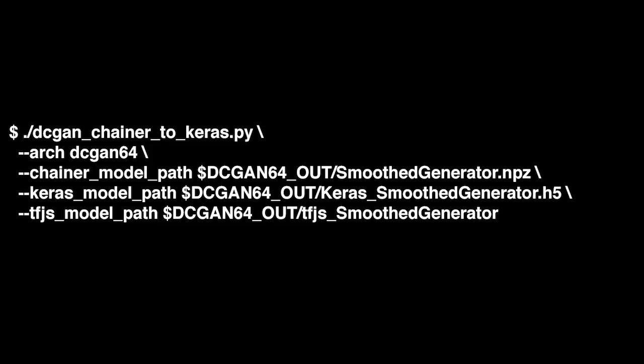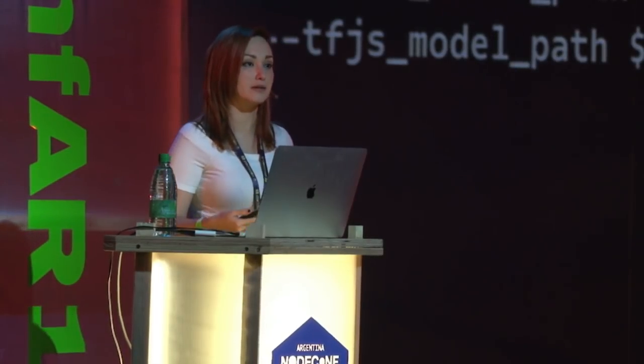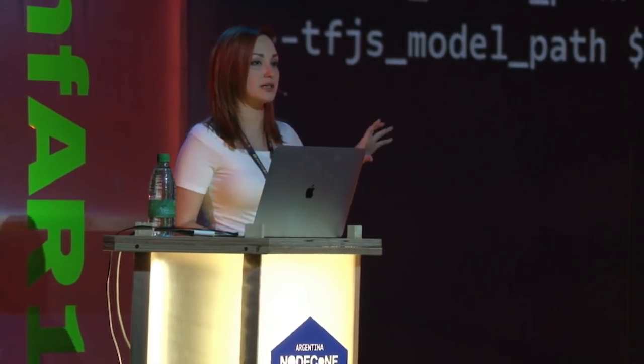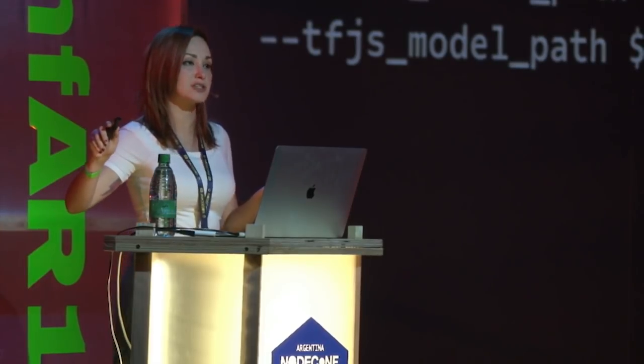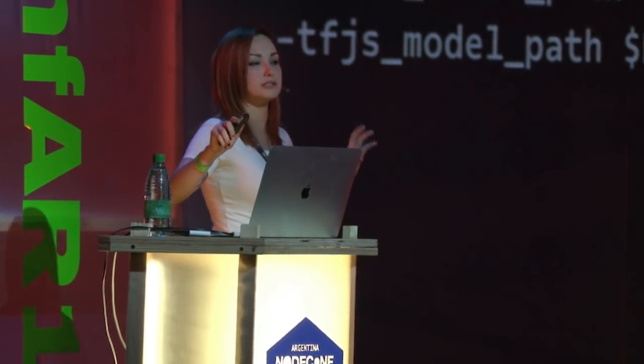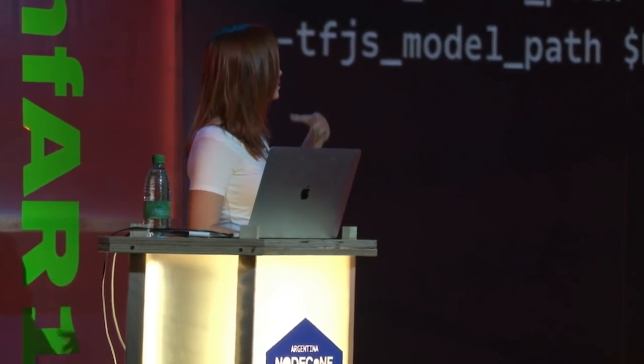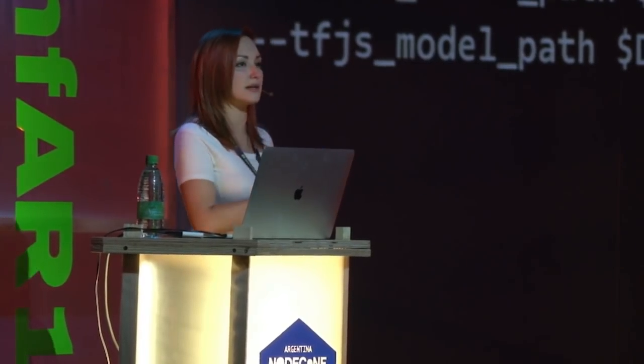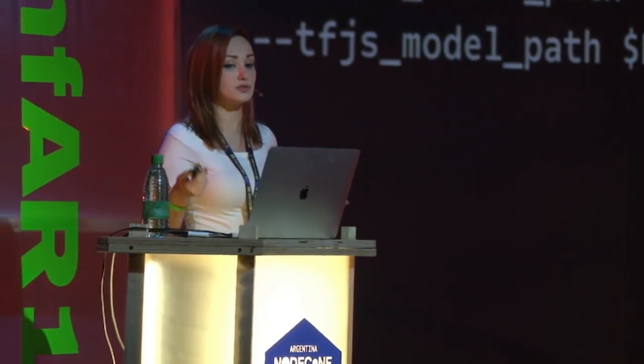So after we have the trained model, we're going to translate it to Keras, which is another really interesting library for machine learning in Python, because Keras is compatible with TensorFlow.js, which is what we're using for this experiment. By translating it to Keras, we're able to get it working in TensorFlow.